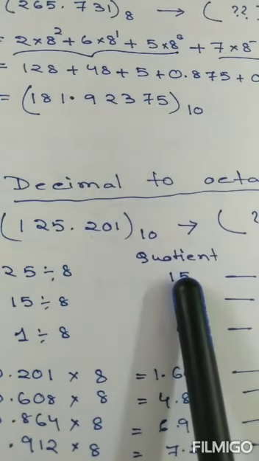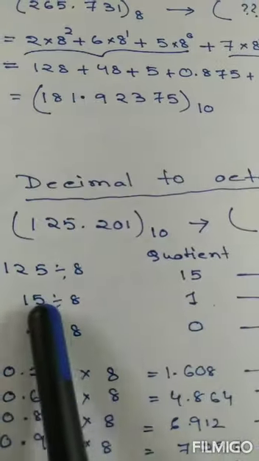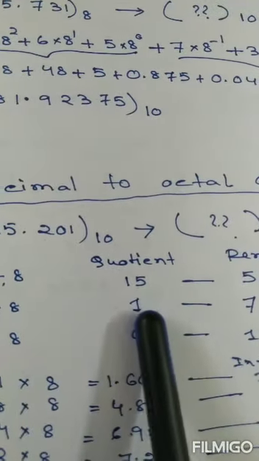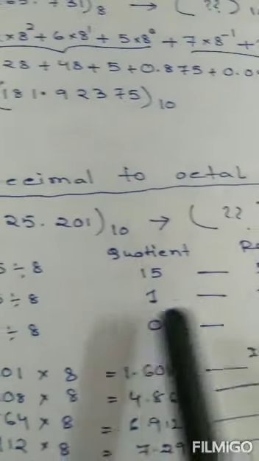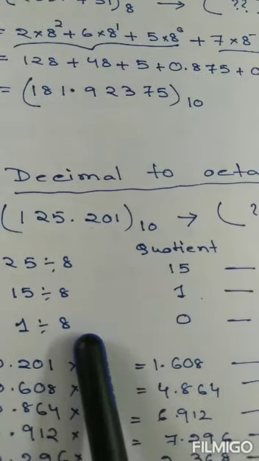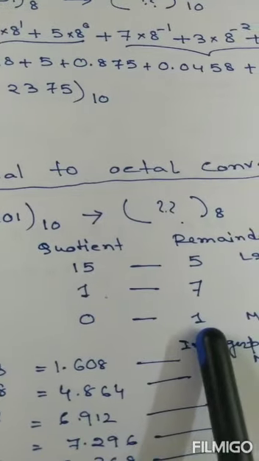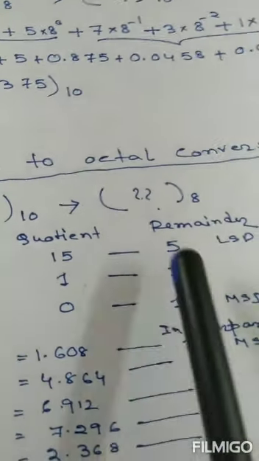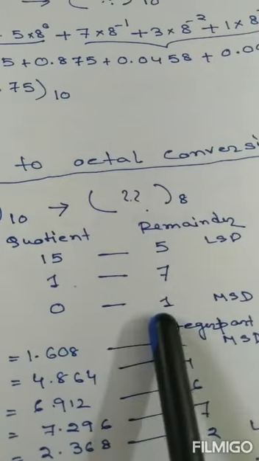Then the quotient is 15, so divide 15 by 8. 8 is the base number of octal. Quotient is now 1, remainder is 7. Now 1 divided by 8, quotient is 0, remainder is 1. So here this 5 is the LS bit and 1 is the MS bit.